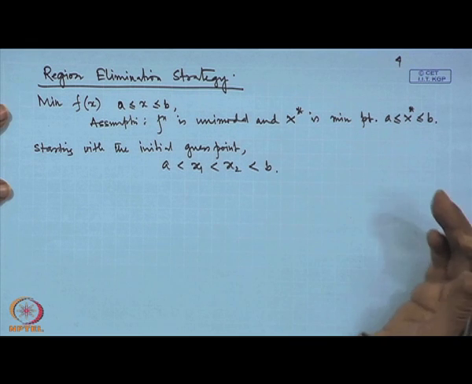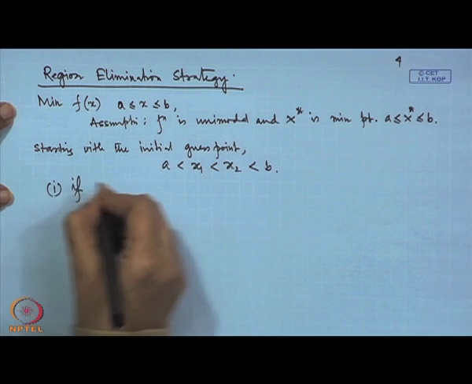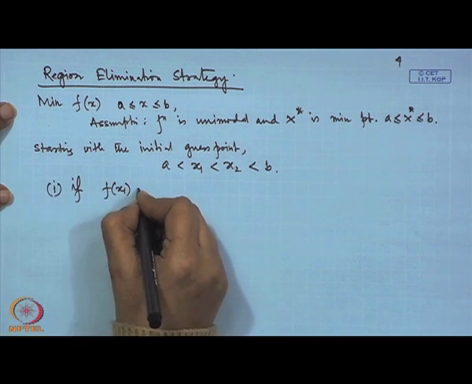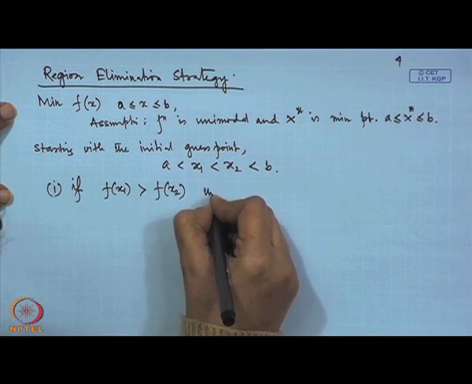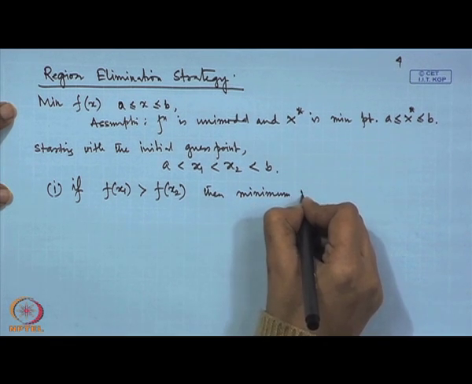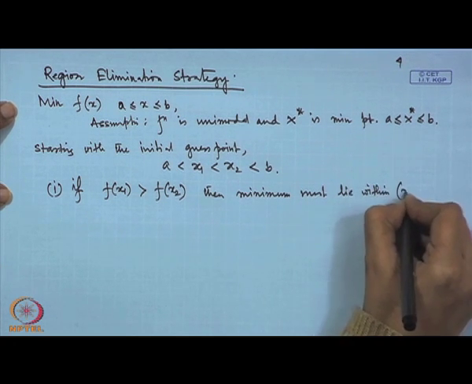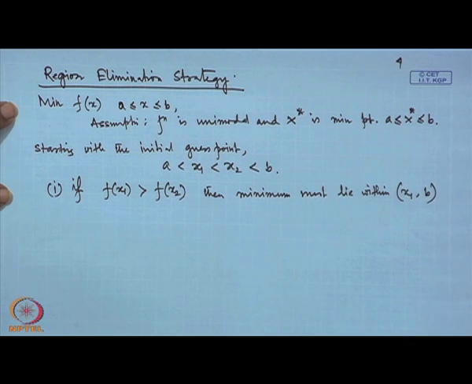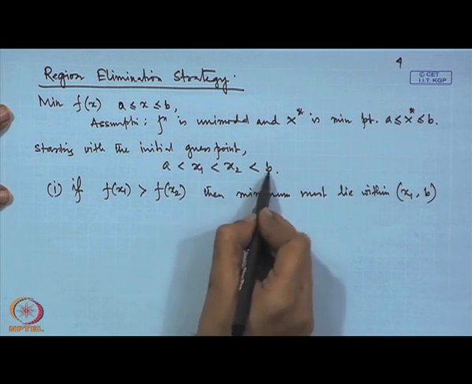Now, once we are moving to the next optimal, the strategy we are following is that if f(x1) is greater than f(x2), then the minimum, that is x star, must lie within x1 to b. Just from the definition of the unimodality it comes. That is why in the next iteration we will just restrict ourselves within the region from x1 to b.